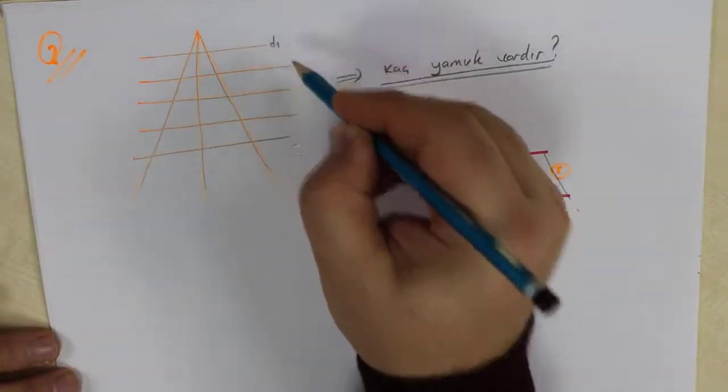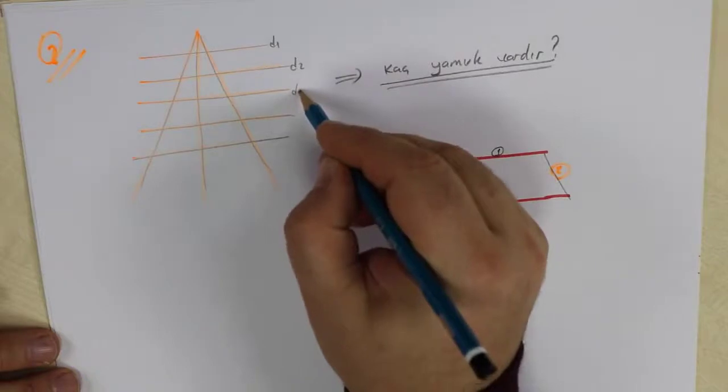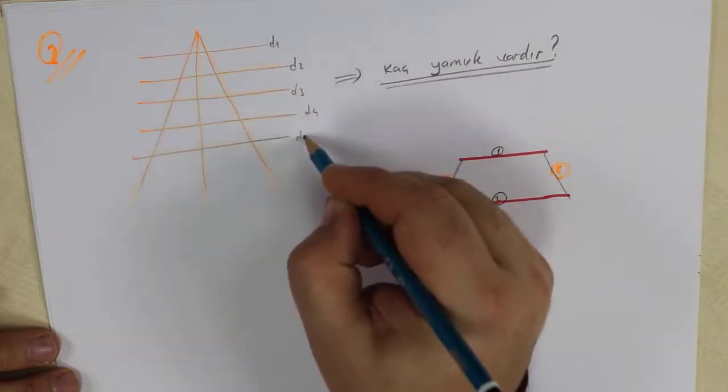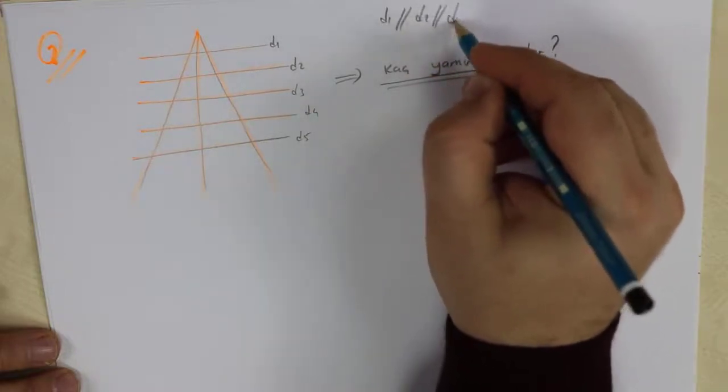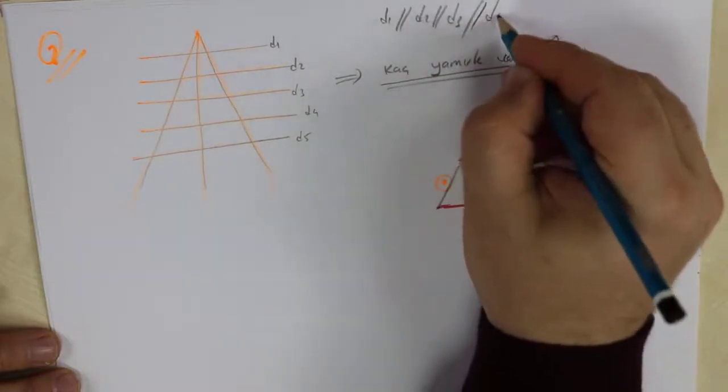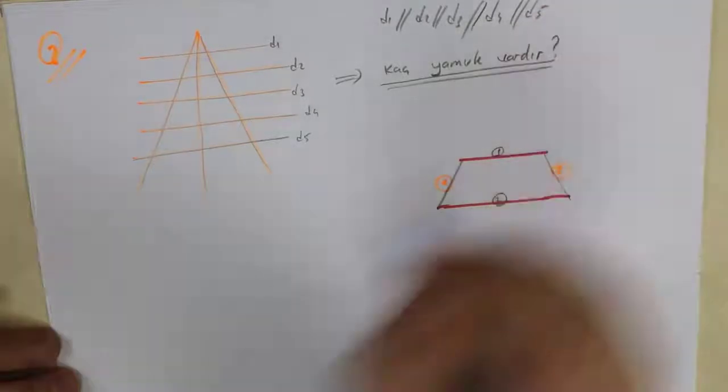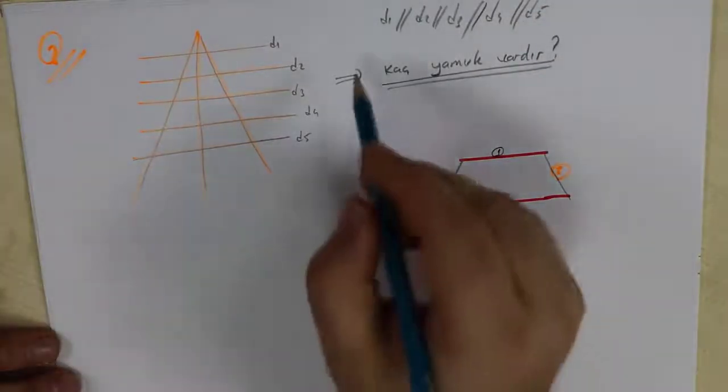Let's count here D1, D2, D3, D4, D5. These are the parallel lines. So D1 is parallel with D2, is parallel with D3, is parallel with D4, is parallel with D5.